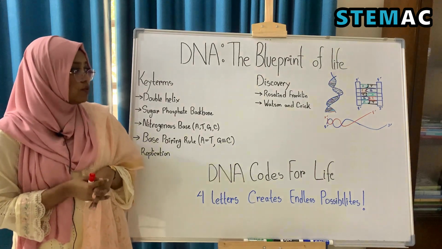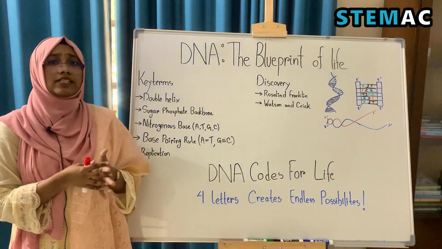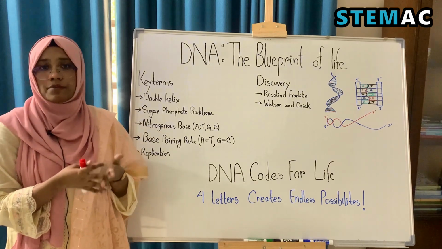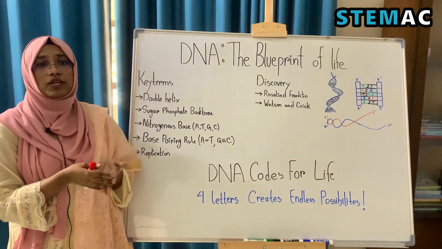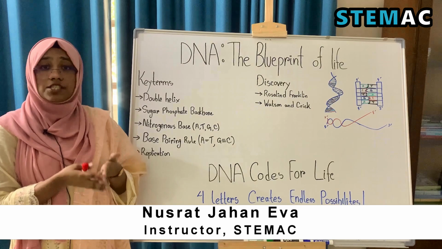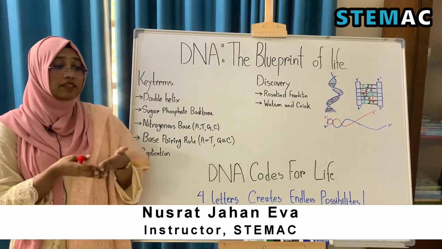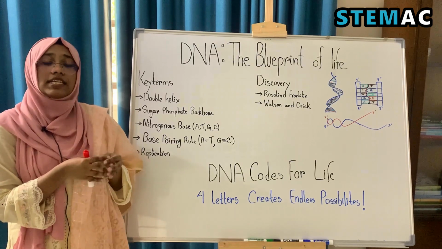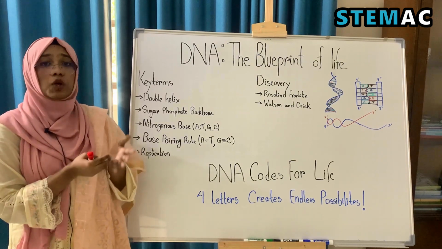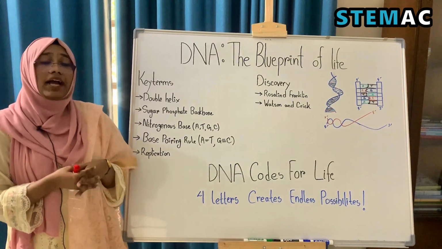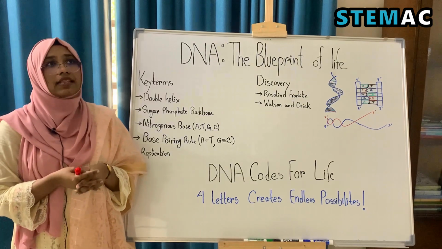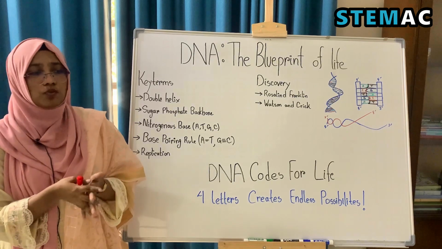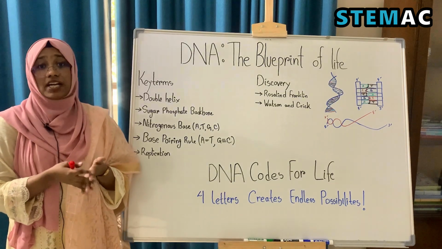Now that we know how it replicates, why is DNA so important for our body, right? Well, I have already mentioned that DNA will pass on the genetic information from your parents to you, and even when mitosis occurs inside your body, the DNA will pass on that genetic information from one cell to another. Other than that, in real life, in the case of forensics, we have all watched different crime documentaries, right?